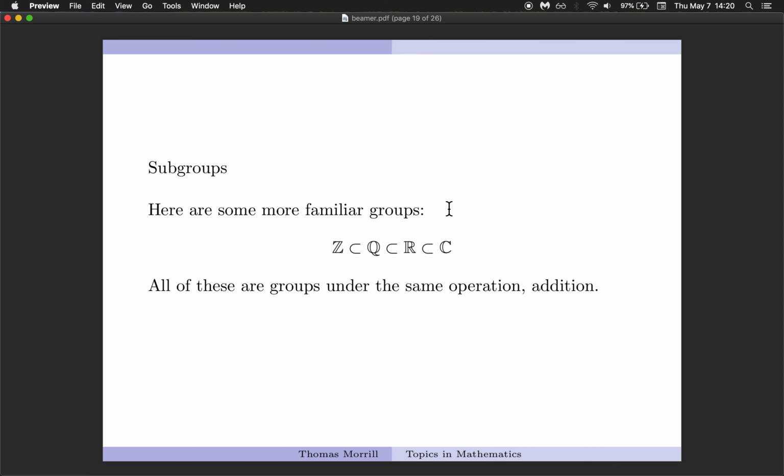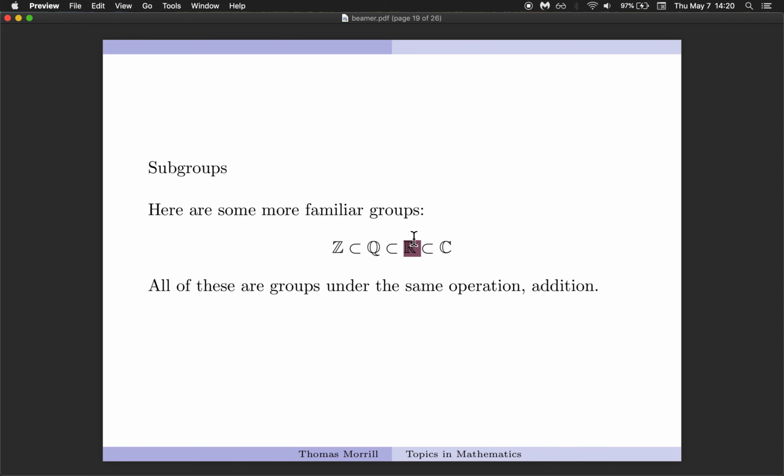And each one of these sets forms a group under addition, right? So I have some operation, here it's addition. I can take any two numbers in one of these sets, add them together, and I'll still get a member of that set. Two integers combine to give me another integer. Two fractions combine to give me another fraction.